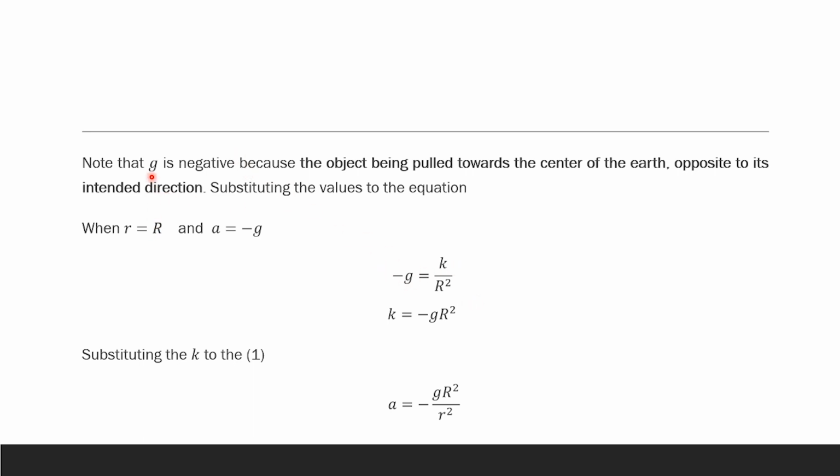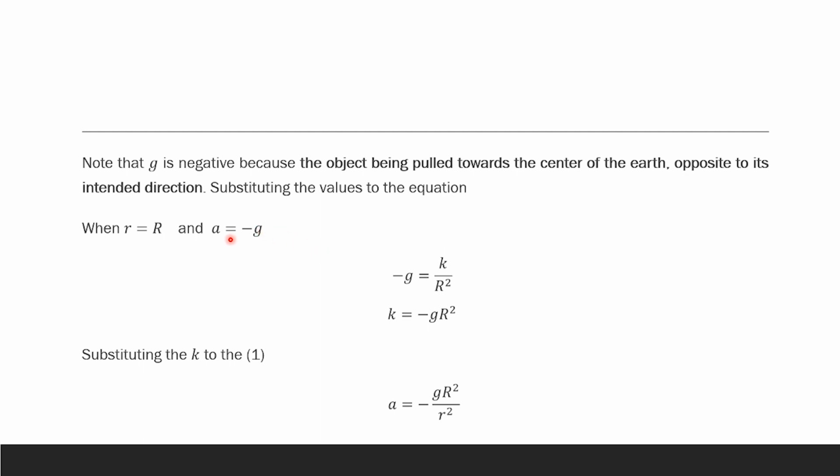Take note, class, that our r is equal to capital R, and our a is equal to negative g. Why negative g? Because the acceleration due to gravity is going inwards, toward the center of the Earth, which is opposite to your intended direction. That's why we put a negative g.